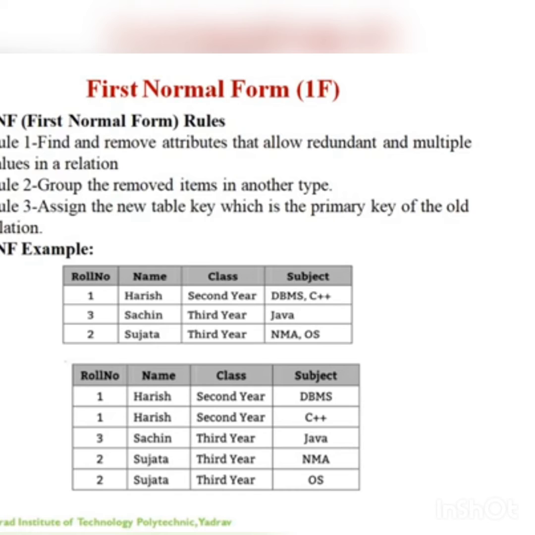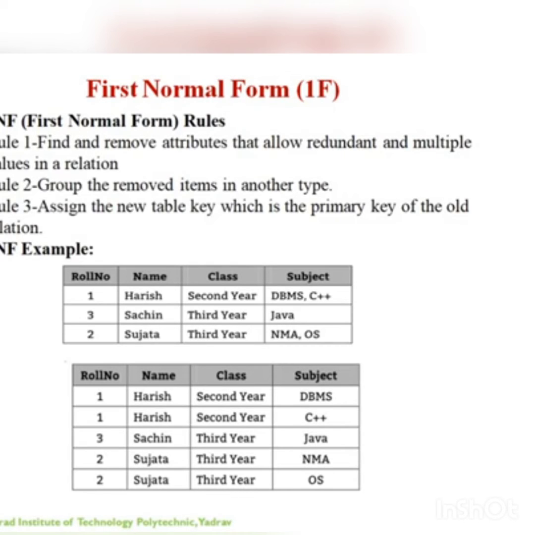Suppose a college wants to store the information about students. It creates a table that looks like this. You can see here the first table where roll number, name, class and subject are the attributes, or you can say the columns of the table.